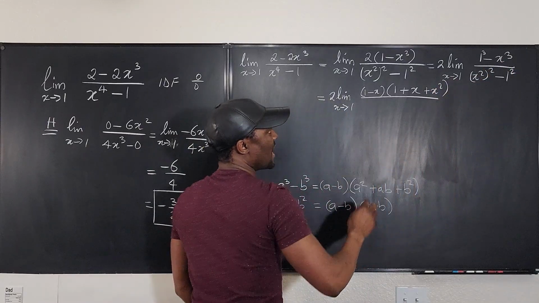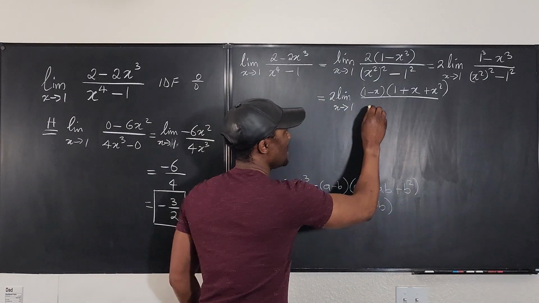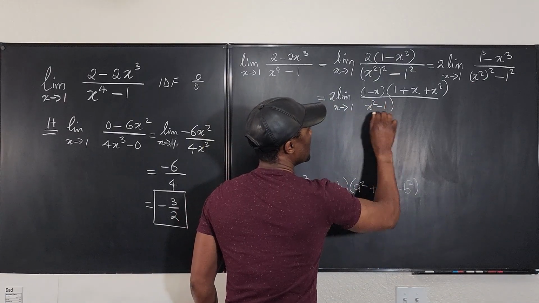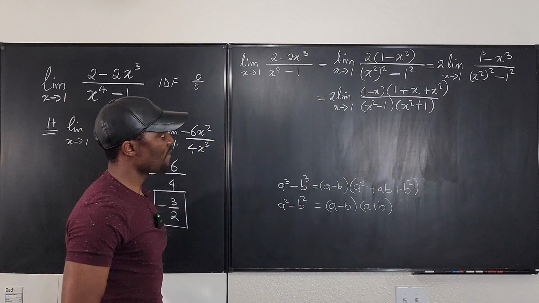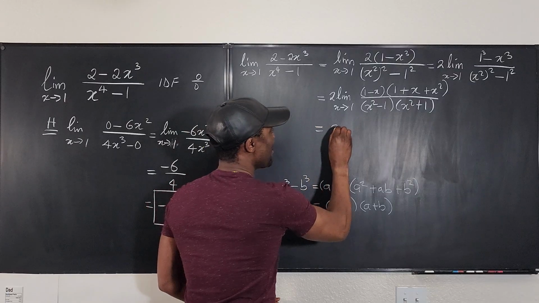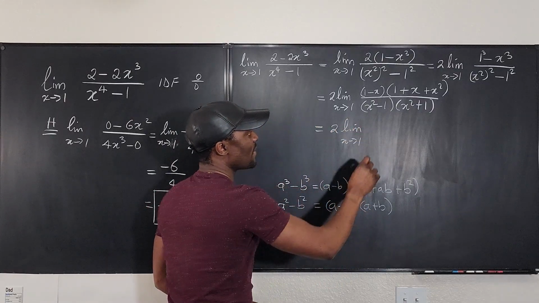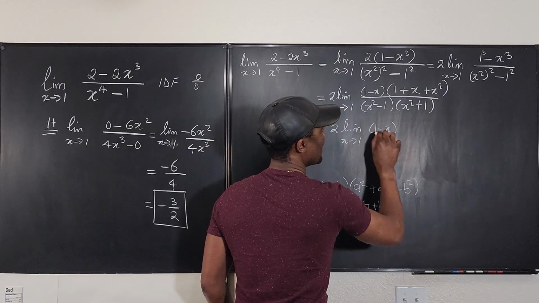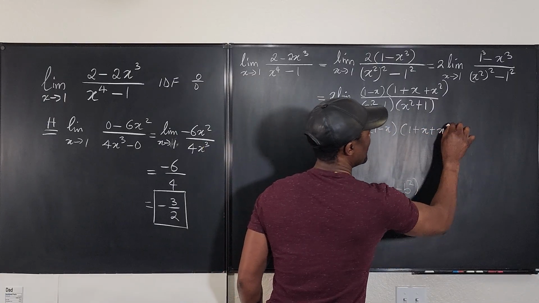Okay, we're done. And then if you go to the bottom part, you're going to have the difference of 2 squares, which is going to be x squared minus 1 times x squared plus 1. We're almost done, because now we have 2 times the limit as x goes to 1 of 1 minus x times 1 plus x squared.